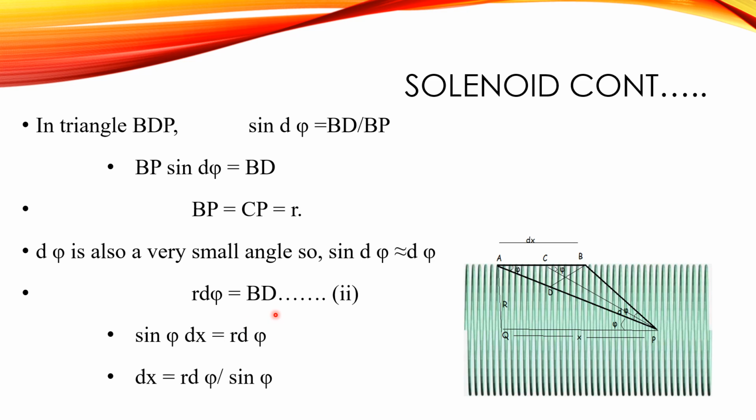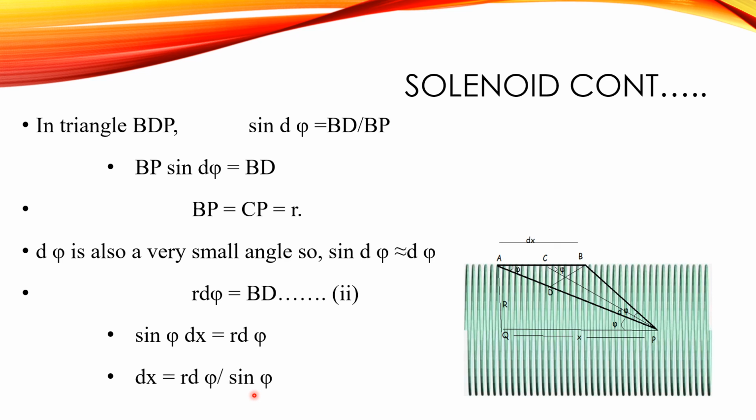When we combine the two equations, we get sin phi dx is equal to R d phi. So from this we have dx equal to R d phi by sin phi.